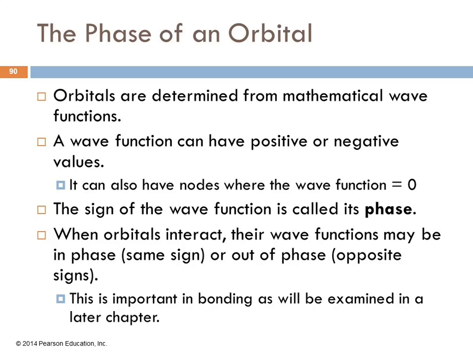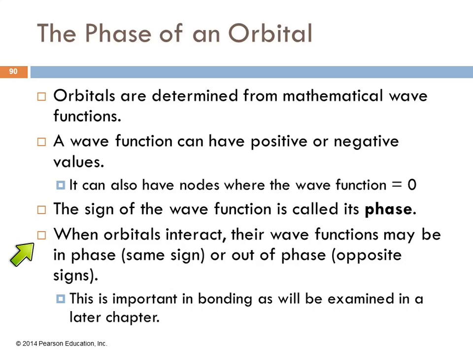These orbitals are derived from mathematical wave functions. Wave functions can be positive or negative, and they can also have nodes where the wave function is 0. We call the sign of the wave function its phase. Just like when we talked about waves on water or waves of light being in phase or out of phase, the waves of electrons can be in or out of phase.